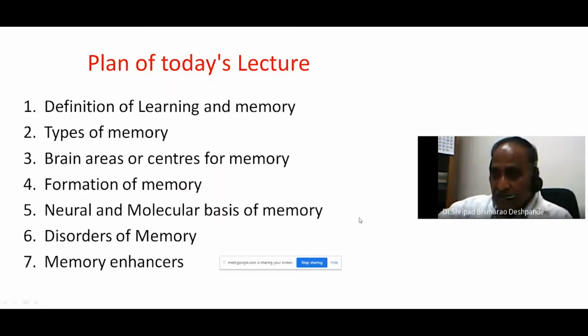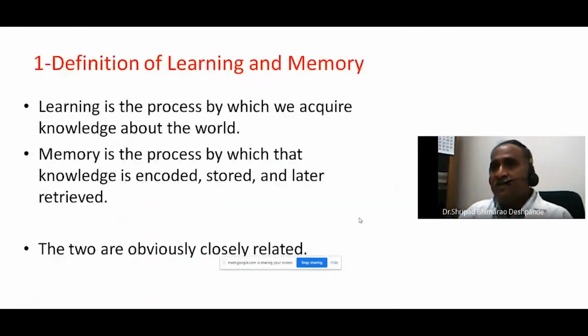Okay, having seen the plan of the lecture, let us start with the definition. Learning is a process by which we acquire knowledge about the world. Memory is the process by which knowledge is encoded, stored, and retrieved as required.